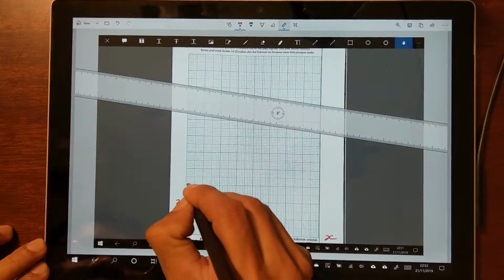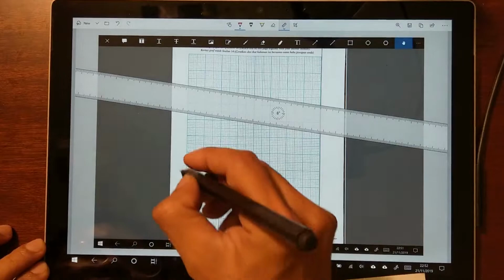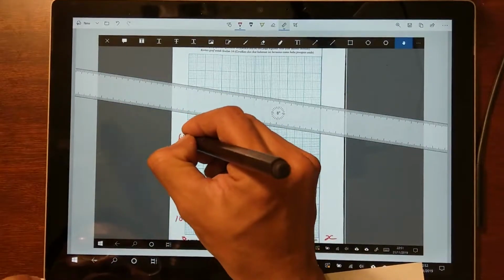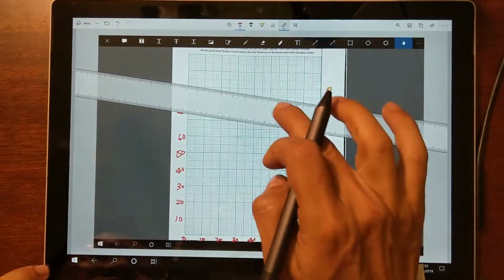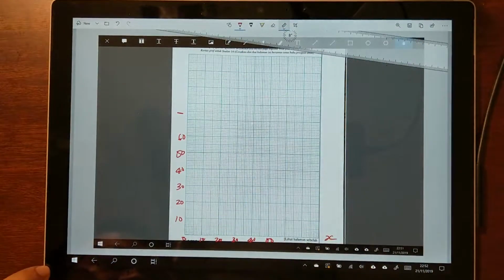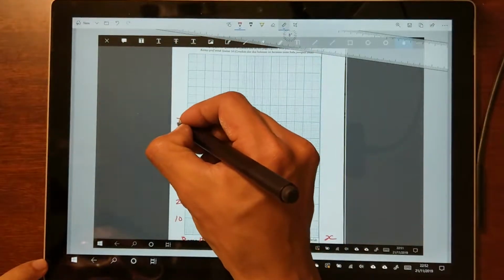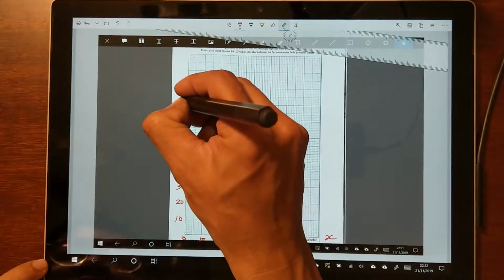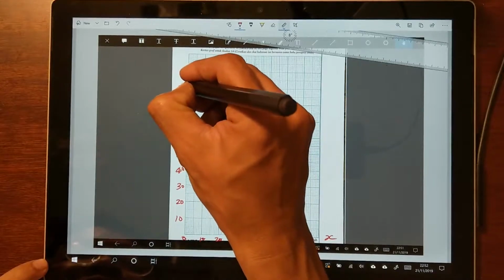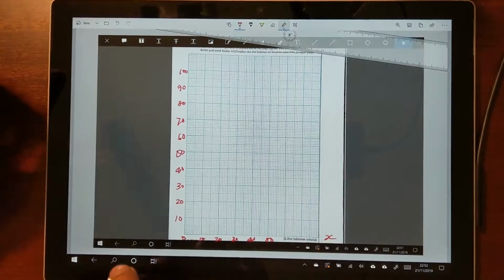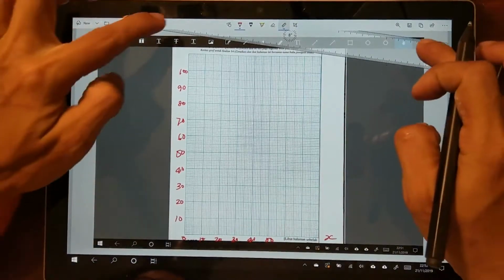And on the y-axis we've got 10, 20, 30 sets, 40, 50, 60, 70, 80, 90, 100.